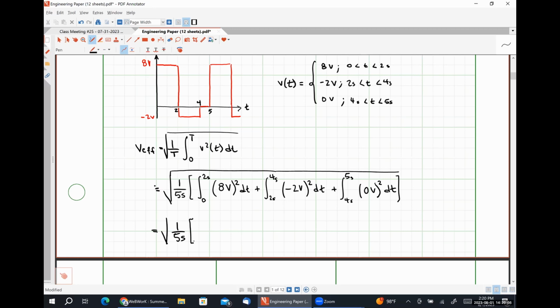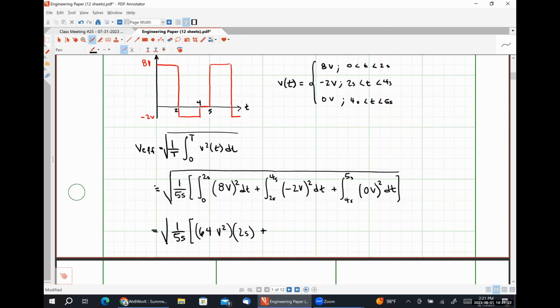So if I square it, I'm going to have 64 volts squared. And now I just have the integral from 0 to 2 seconds of dt. Well, the integral of dt is just t. So 2 seconds minus 0 seconds is going to look like 2 seconds. So 64 volts squared times 2 seconds.